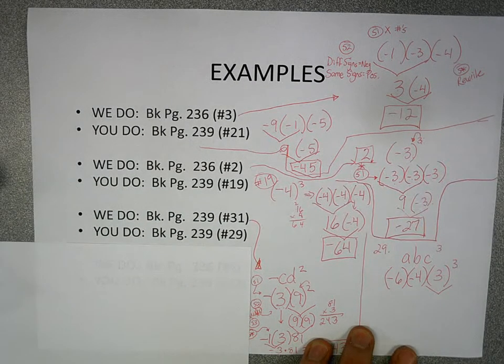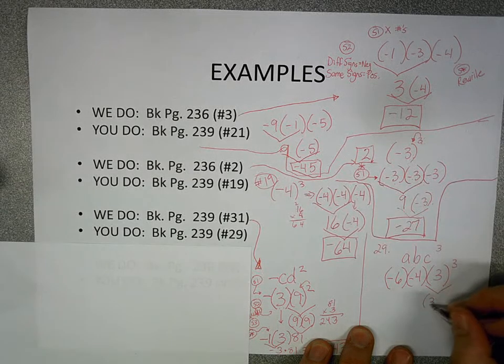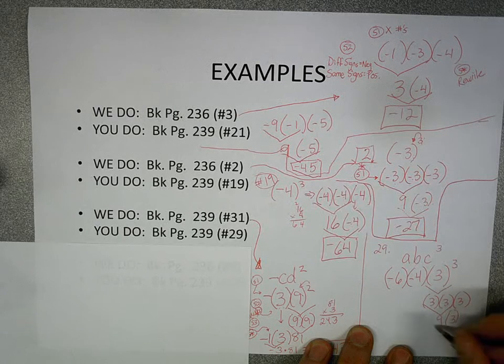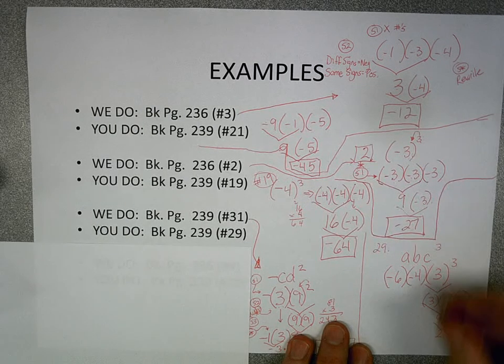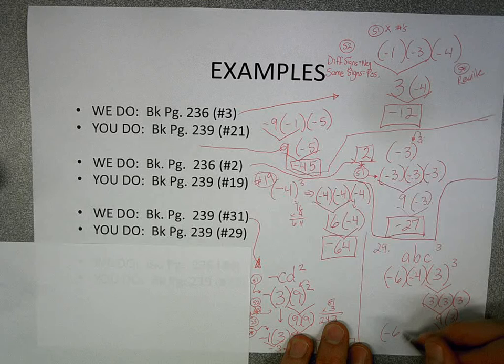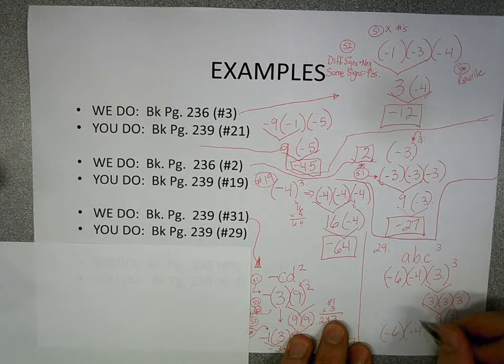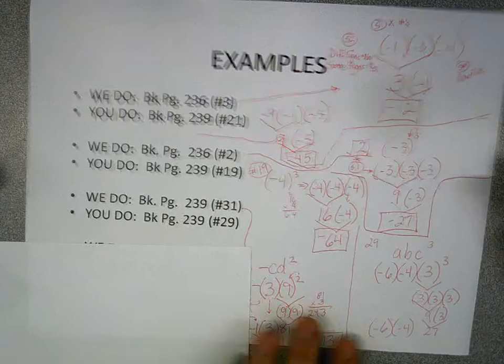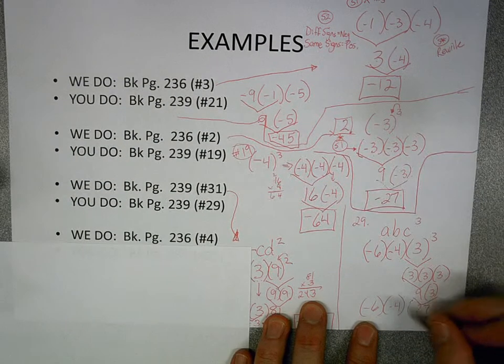So I'm going to expand this first. So it's 3 times 3 times 3. Well, that's all positive. So 9 times 3 is 27. I'm going to rewrite all this. So we have -6 times -4 times 27. Okay? And if I want to, I could put it in parentheses.